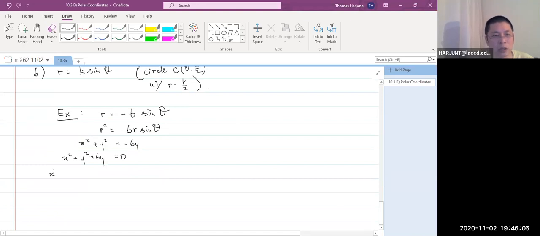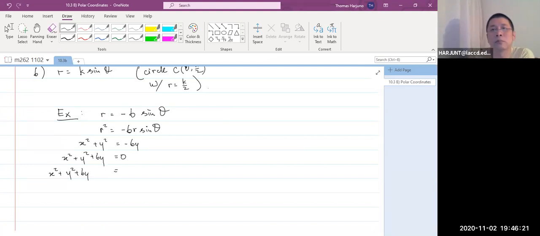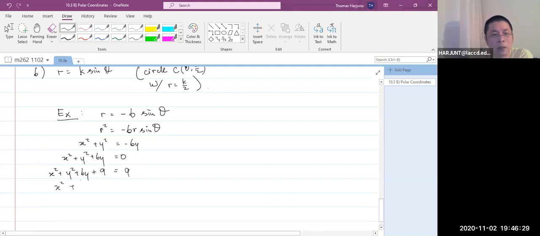This is x squared plus y squared plus 6y. What do I need to add, by the way, to complete the square? Add 9, that's right. So I add 9 here, I add 9 here, and I get x squared plus (y plus 3) squared equals 3 squared.